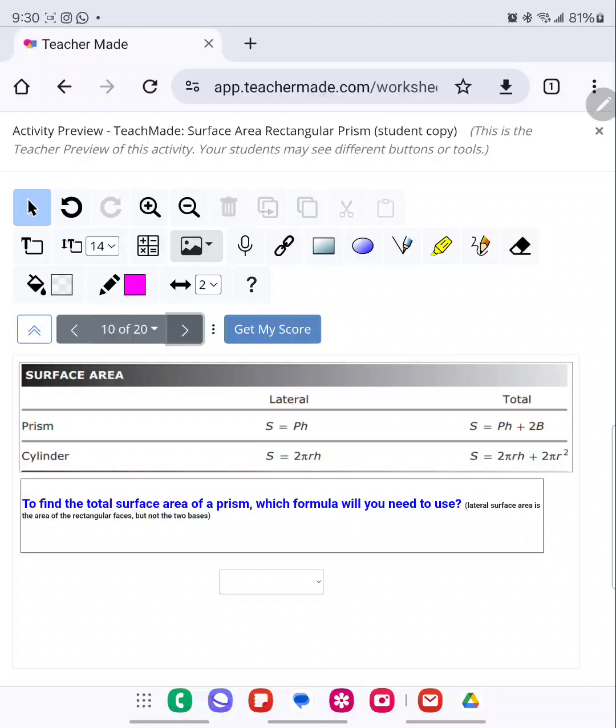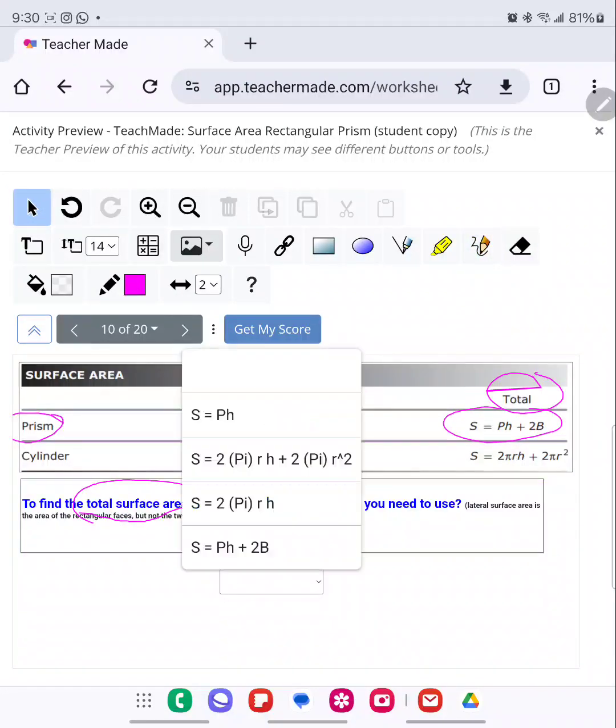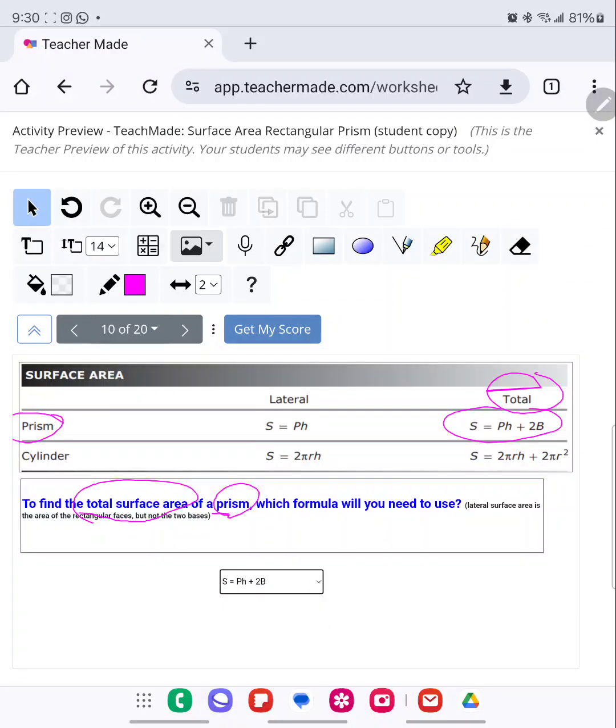Number 10. To find the total surface area of a prism, which formula are you going to use? Total surface area of prism. So a prism, total, there's the formula you're going to use. And we're going to choose this answer right here.